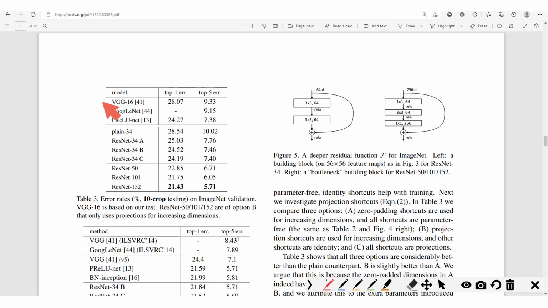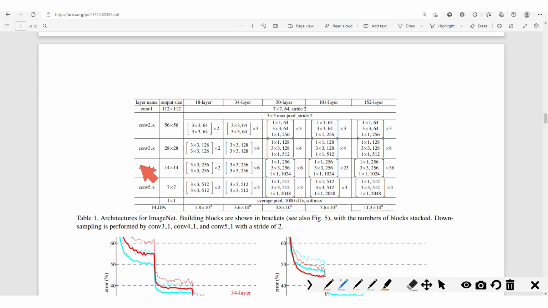We also have this table right here, which shows the VGG model, the GoogLeNet, the PReLU-Net, and then the different plain networks and the residual networks. It shows clearly here that the ResNet 152 performs best, regardless of the fact that it is deeper than the 101 and 50 counterparts.